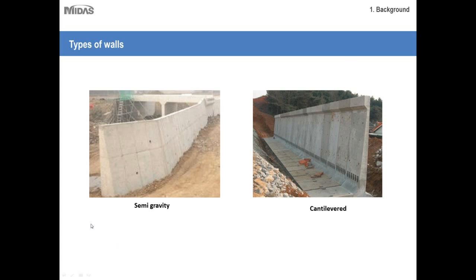Then we have a semi-gravity wall, and in a semi-gravity wall you can see that it has an inclined, sloping surface behind it, so it gives this wall a leaner appearance as compared to the fully gravity wall.